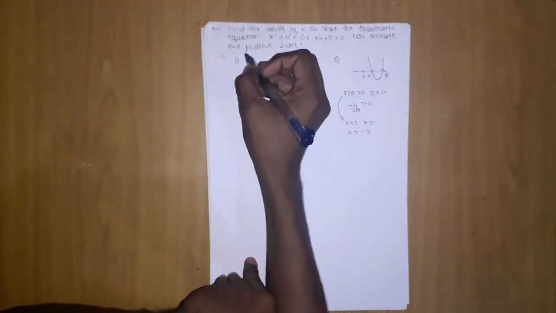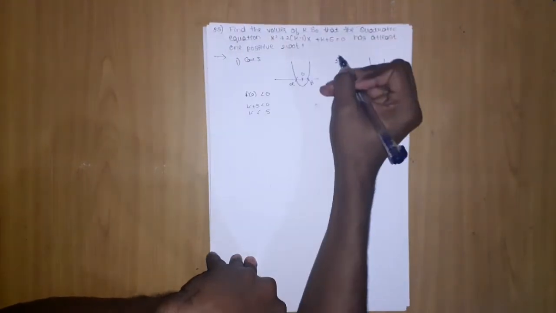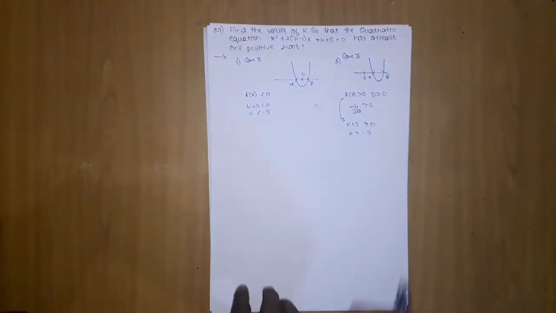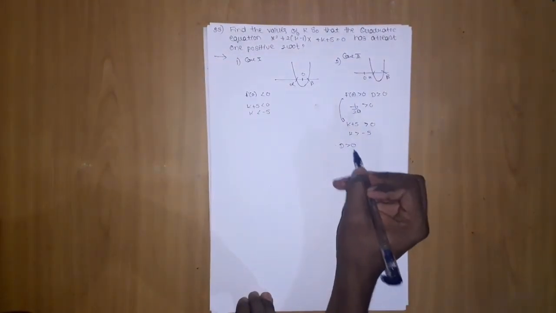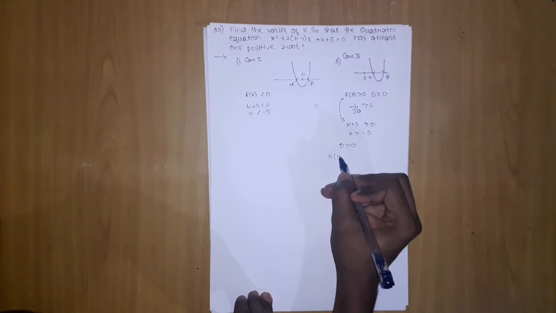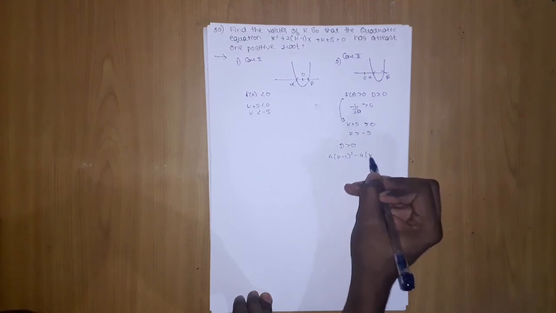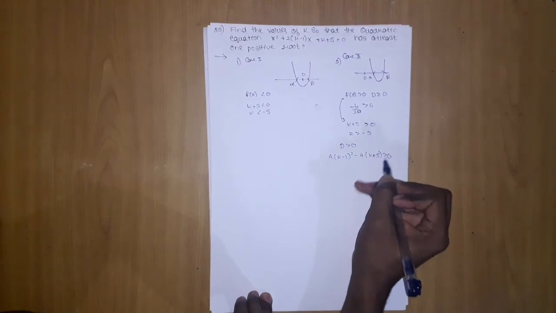There are different cases. This was case 1, this is case 2. Moving on, when we say D greater than 0, 4 into (k minus 1) the whole square minus 4 into (k plus 5) should be greater than 0.